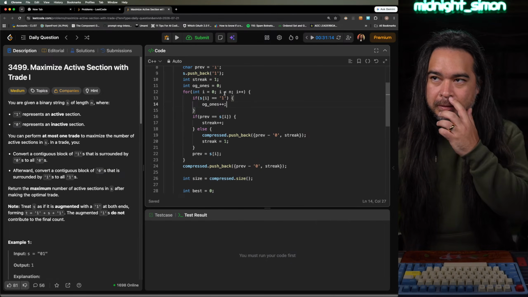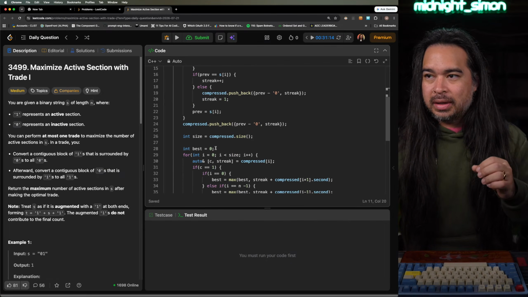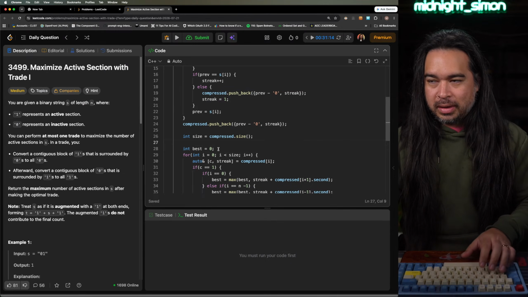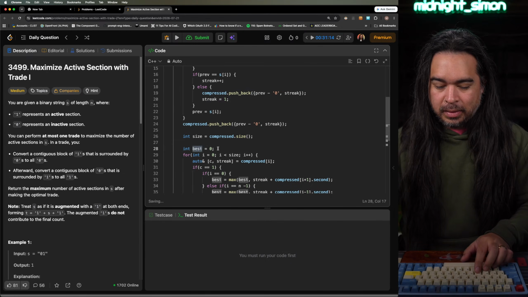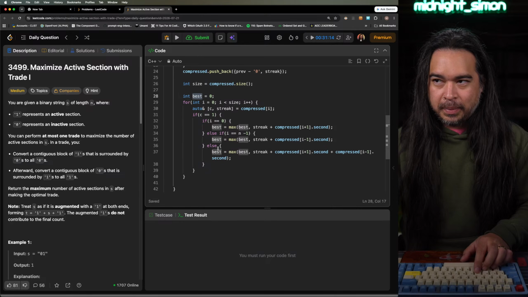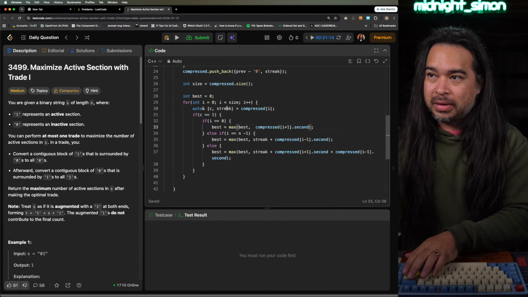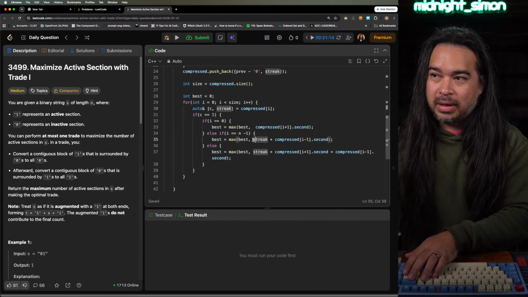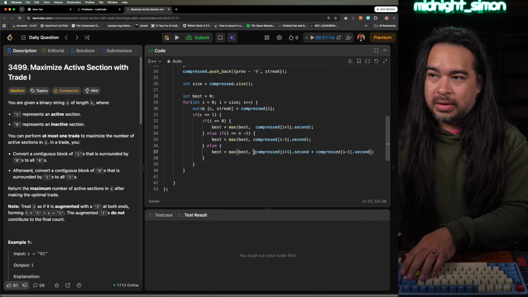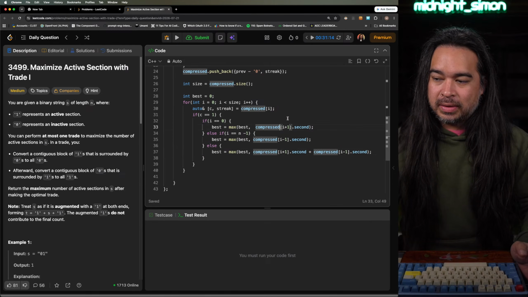Alright, so now we have the total original ones. And then it's like I'm saying this. Maybe I should not count the current 1 streak in that, and I should just count the 0 streaks at the ends.